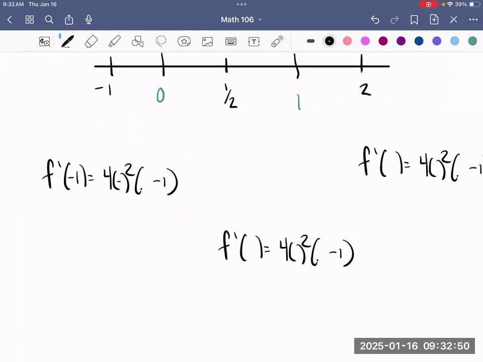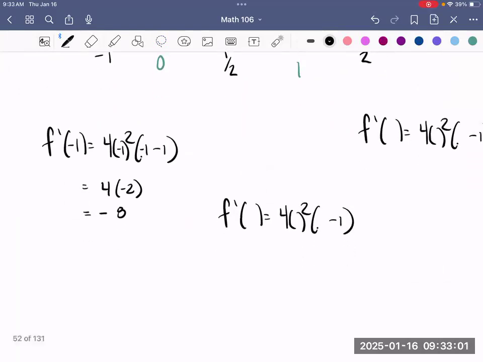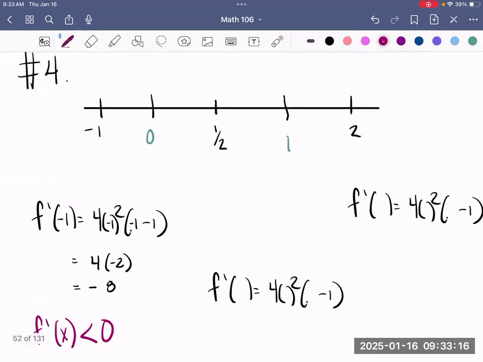So -1, -1, -1. So we have 4 times a -2. So we get a -8. So your first derivative is negative, therefore you are decreasing. So we're going down.